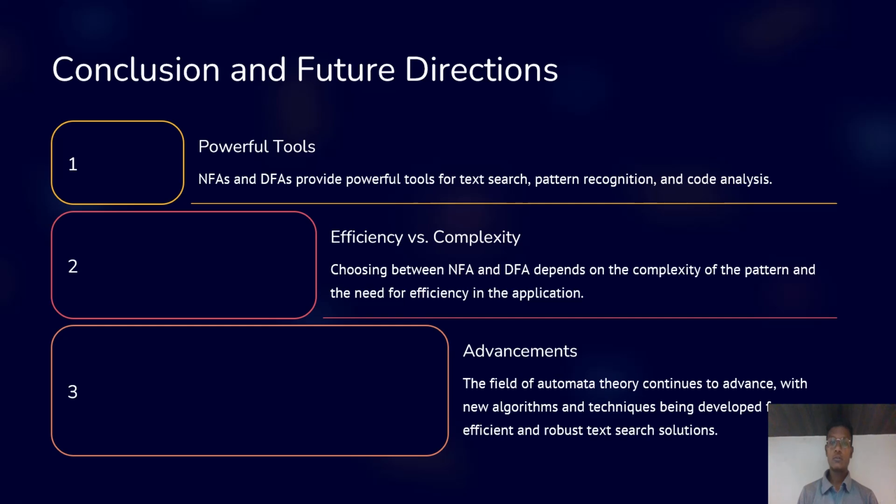We need to choose NFA or DFA depending on the complexity of your application and the efficiency or pattern recognition needs of your application. Next one is advancements. The field of automata theory continues to advance with new algorithms and techniques being developed for more efficient and robust text search solutions. These are some advancements of NFA and DFA in the field of theory of computation.